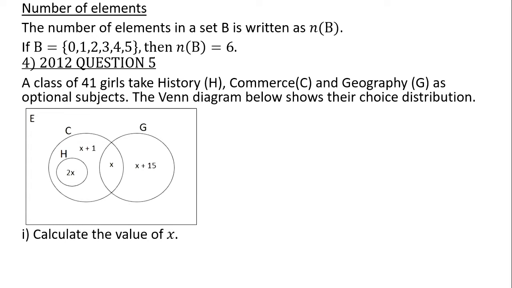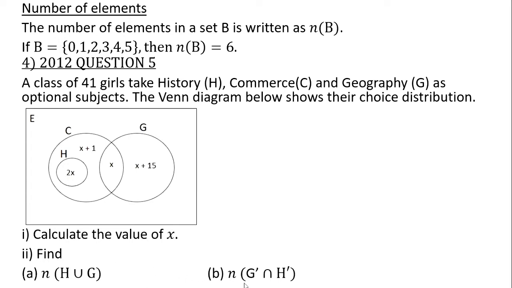So to calculate the value of x, what we are supposed to do is to add everything and equate to 41, since there were 41 girls. Then find the number of elements in H union G, so the combination of those taking history and geography. Union means combine.